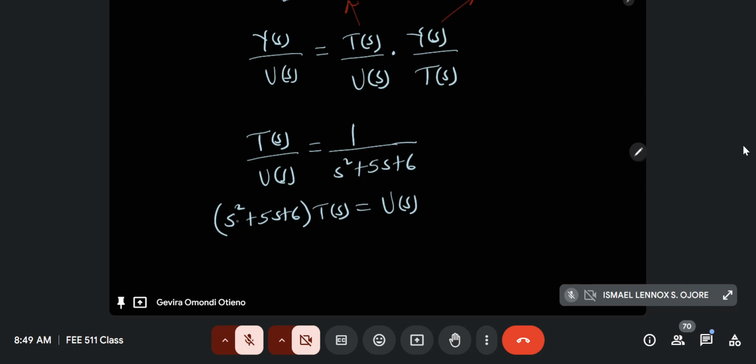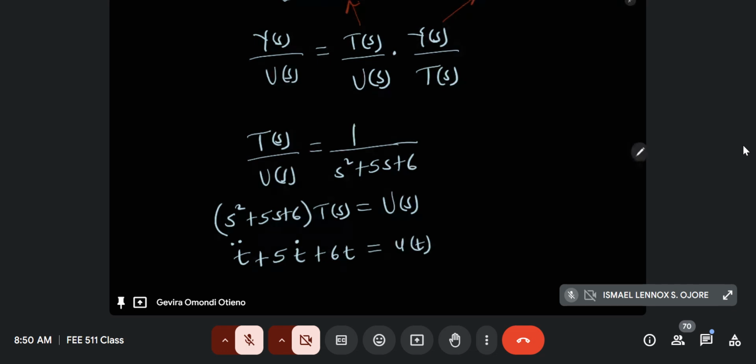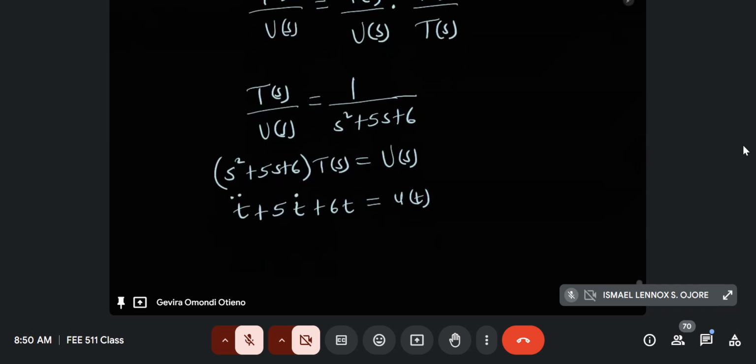This is a double derivative, so I'll say T̈, 5s is a single derivative, so 5Ṫ, plus 6T should be equal to u(t). Okay, or just u, it's no problem. Then what do we do next? We obtain state variables.